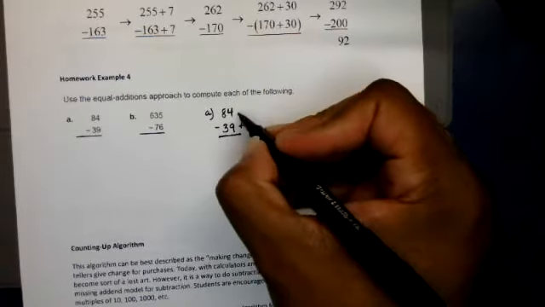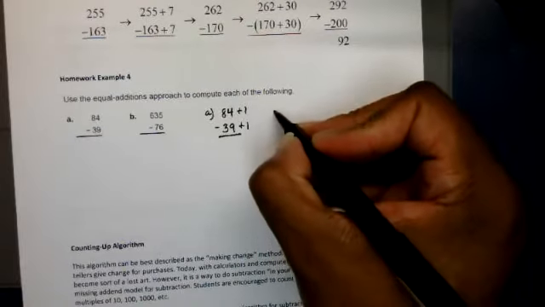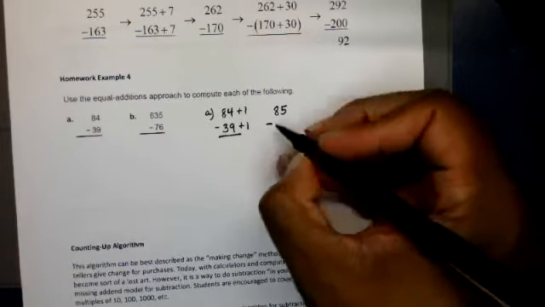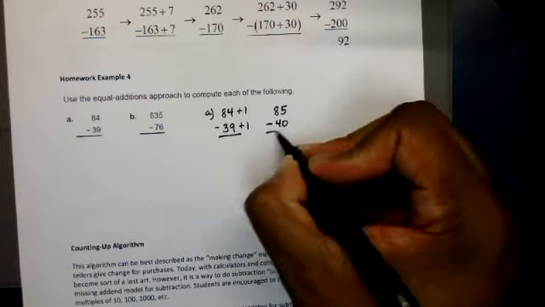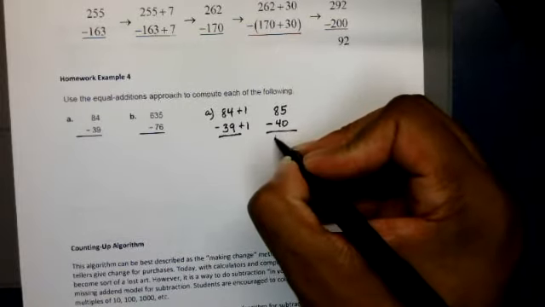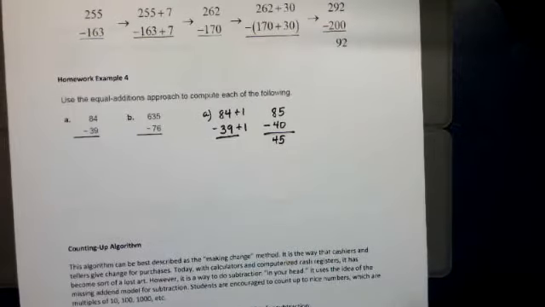But if I add 1 to that 39, I need to add 1 to the 84. So 84 plus 1 will be 85, minus 39 plus 1, that will be 40. So I can easily subtract 40 from 85, which will be 45. So 84 minus 39 is equal to 45.